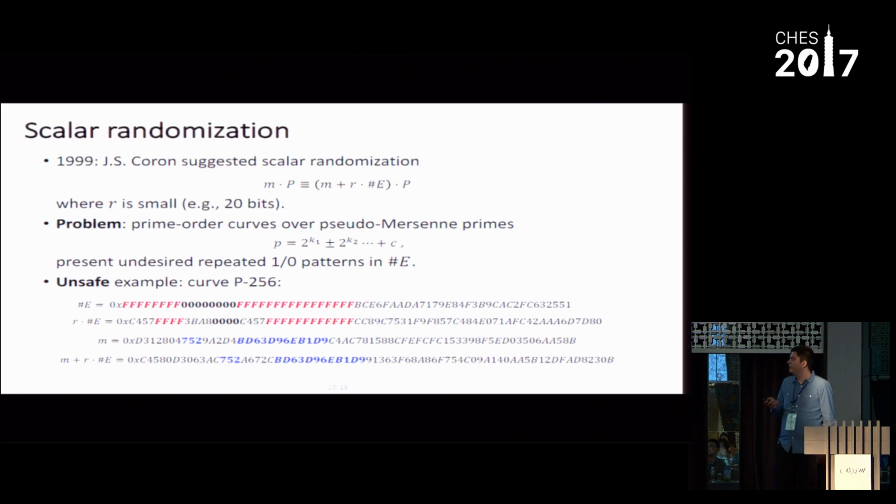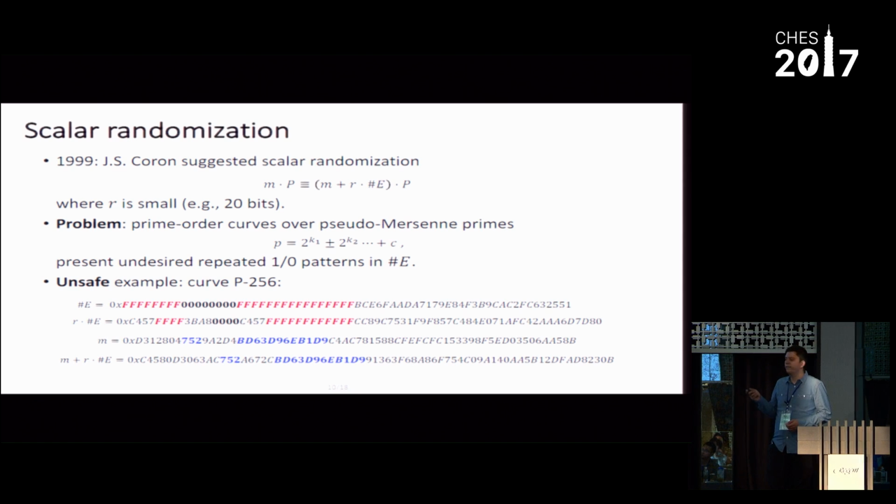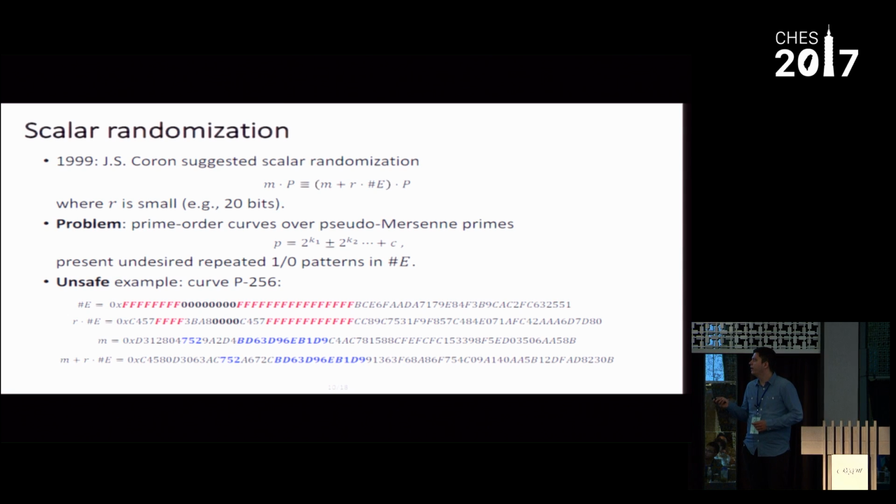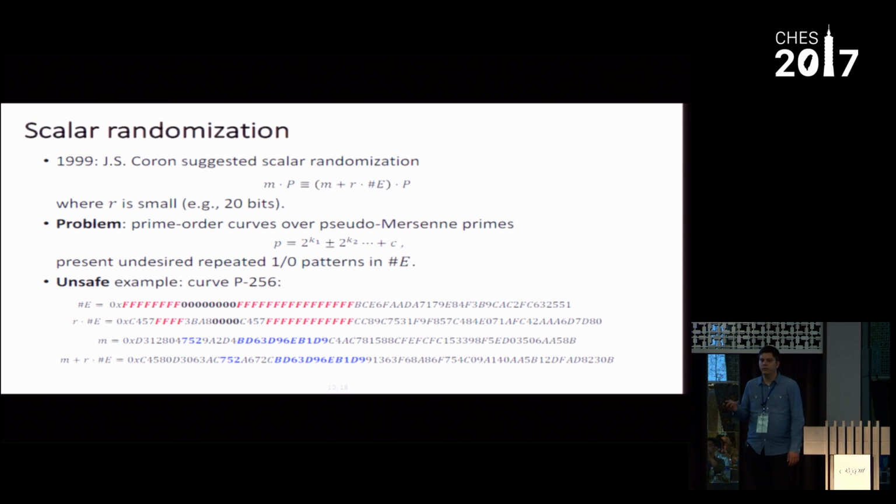But it turns out that for many elliptic curves defined over primes like additions of powers of 2 plus some small coefficient C, the order of the curve has some repetitions of 1s and 0s. So when you multiply the order of the curve by a small element, we just shift these patterns, and then you add to the message. Actually, you are leaking some bits of the message, which is not good.